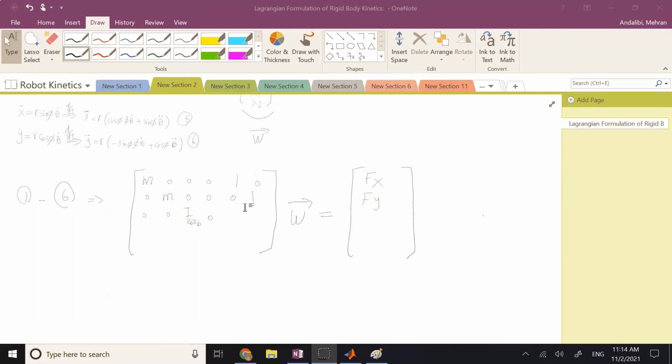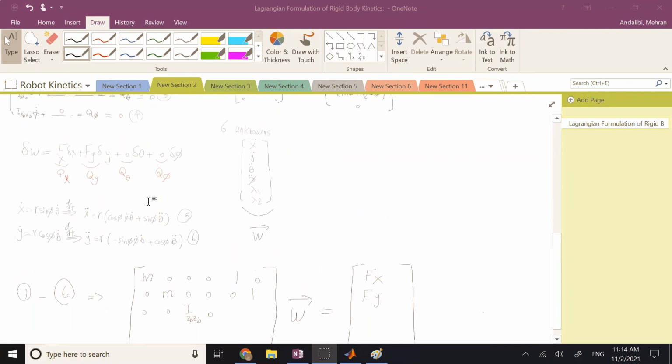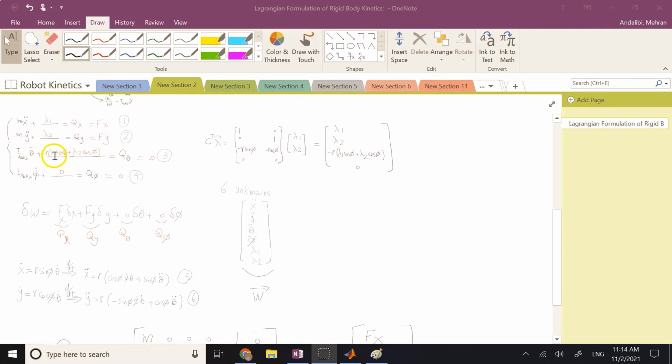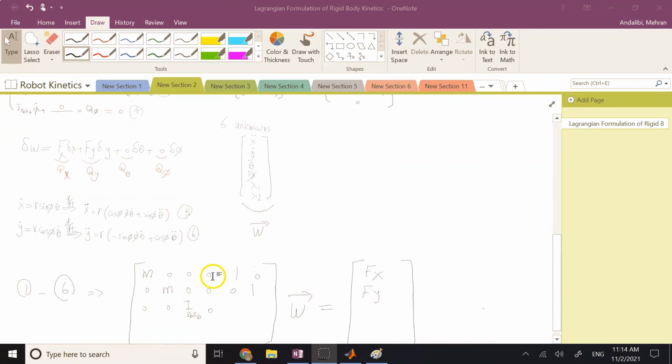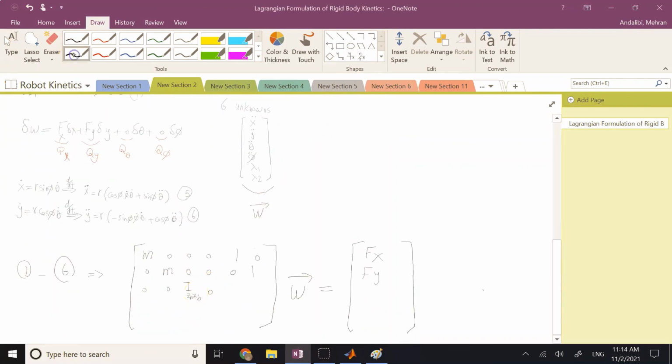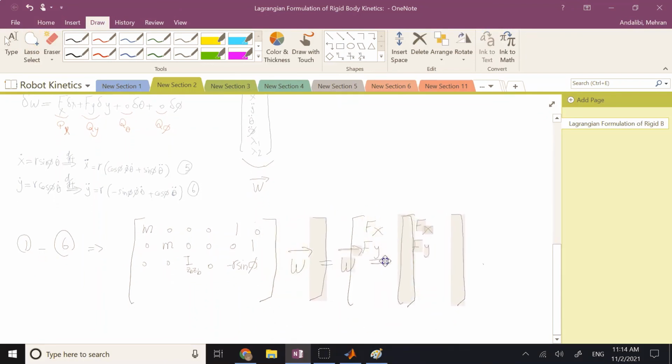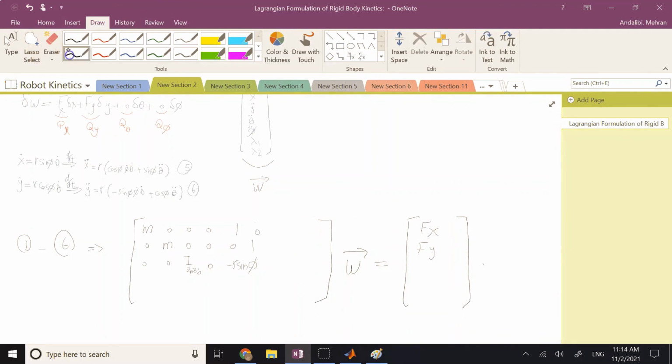There is a 0 here because in that equation there is no phi double dots, but now you have coefficients for lambda 1 and 2, and those are negative r sine phi and negative r cosine phi. So we have to add them here, negative r sine of phi, and then we also have negative r cosine of phi. Right?